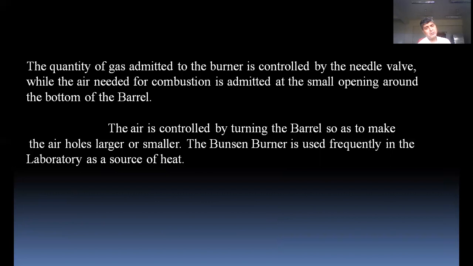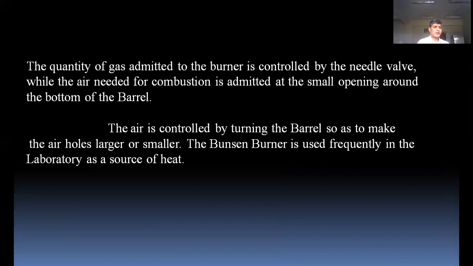While using the Bunsen burner, what are the steps to light it? First, check the connections of the burner and the desk outlet valve. Then check that the needle valve is closed, and check the barrel.